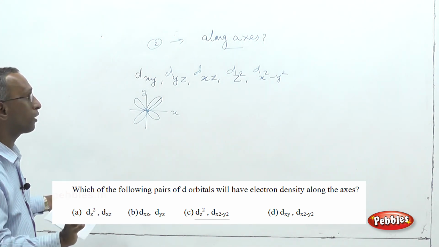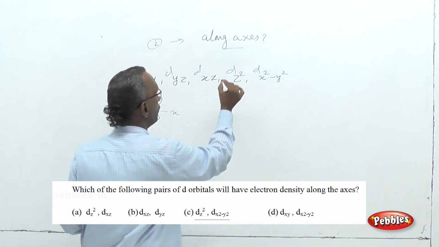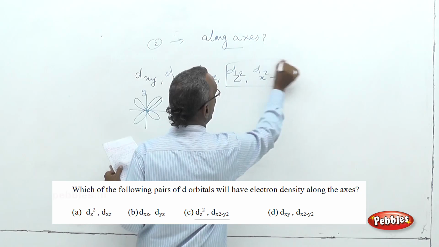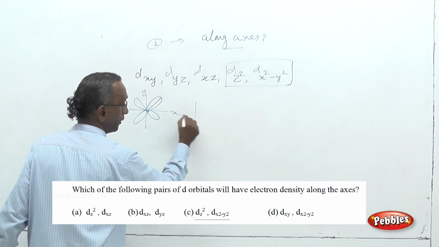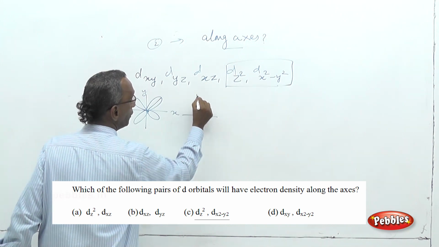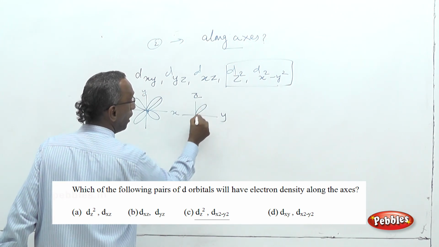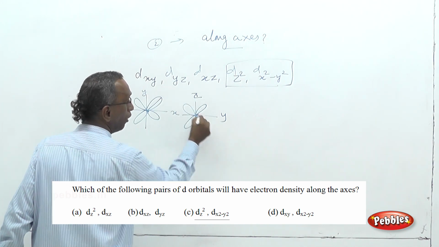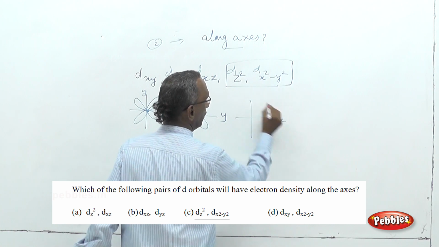Which are they? Different choices are given. One of the choices is these 2. Dxy is not along the axis. Similarly dyz will also be in the diagonal fashion, and you have to remember dxz.